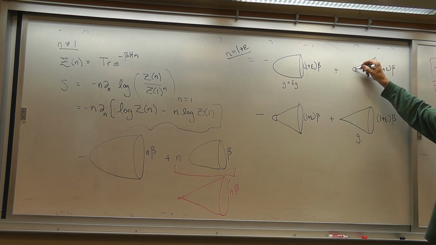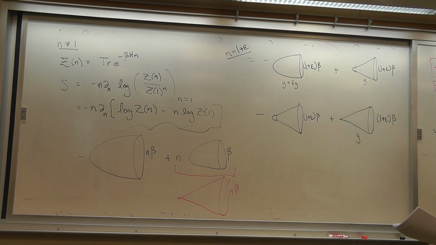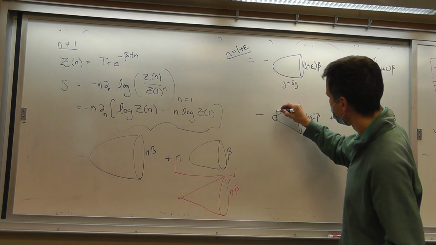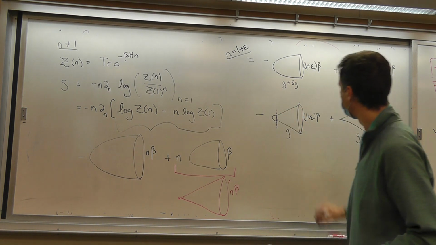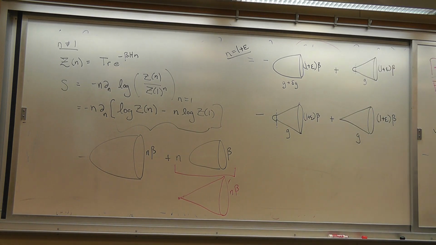Away from the tip, they have metric G. But I've just smoothed out the tip however I please. I've just cut out the pointy tip of this metric and replaced it by something smooth.